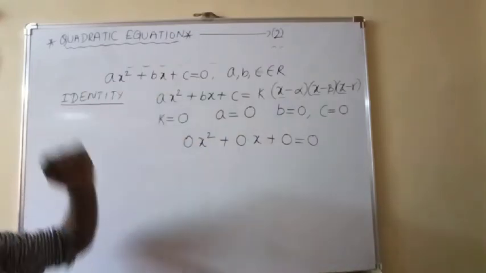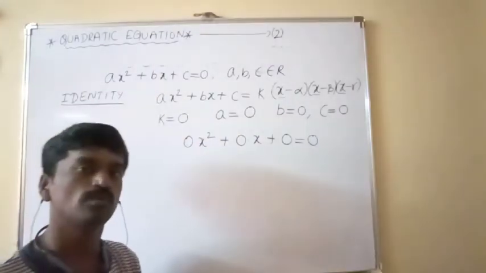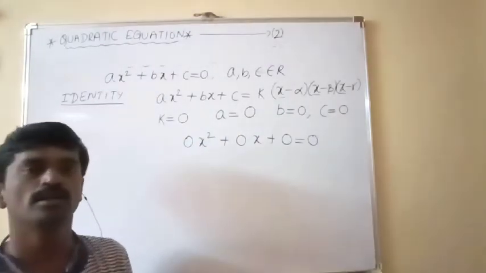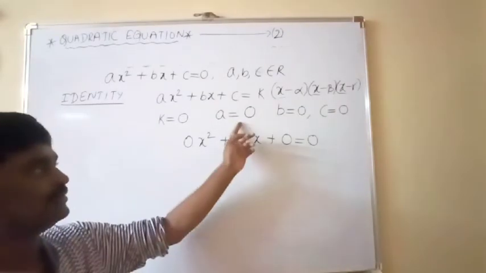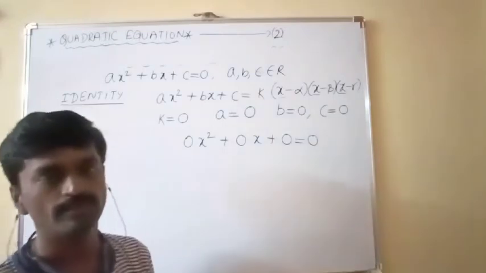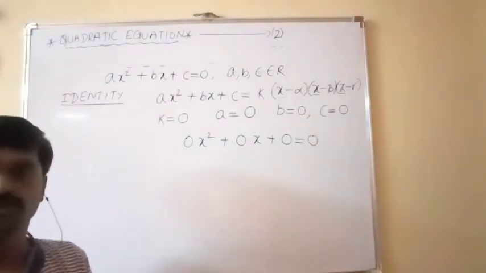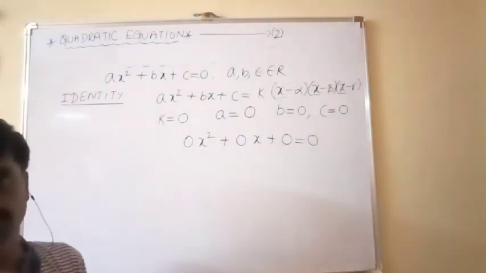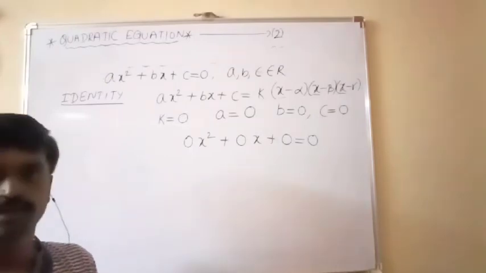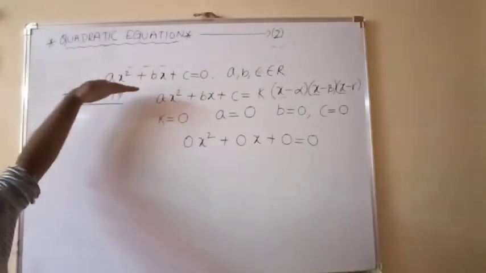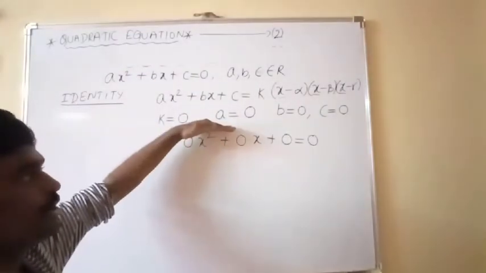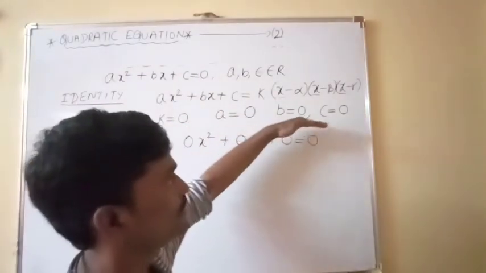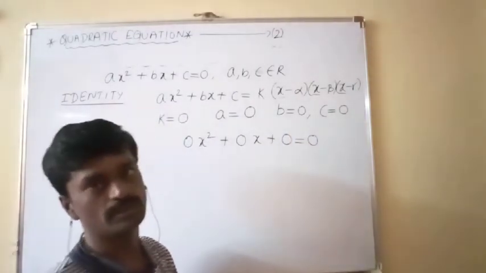So if a quadratic equation has more than two distinct real roots, it will automatically be satisfied by all values of x, and in that case a is 0, b is 0, c is 0, that is, the quadratic equation becomes an identity. That means when we say this quadratic equation is an identity, all its coefficients a, b and c are 0.